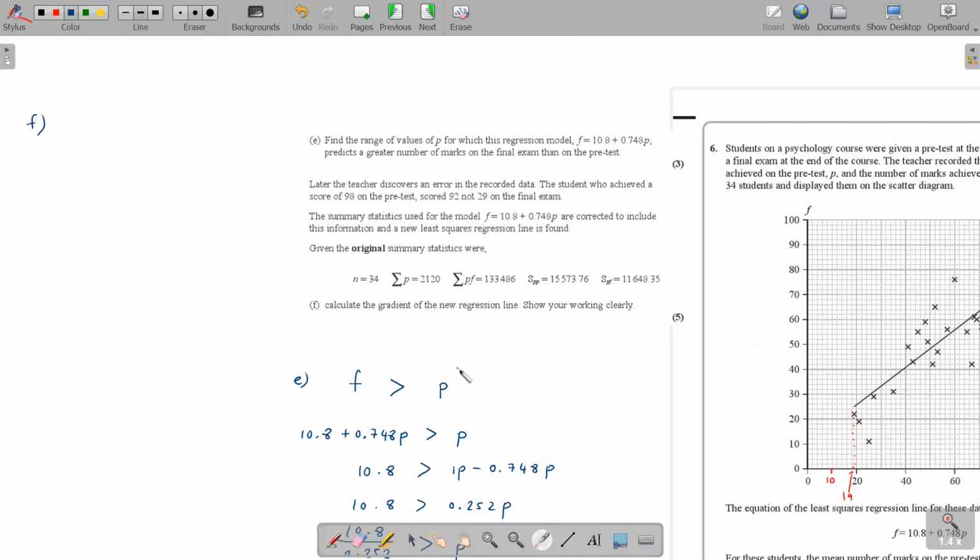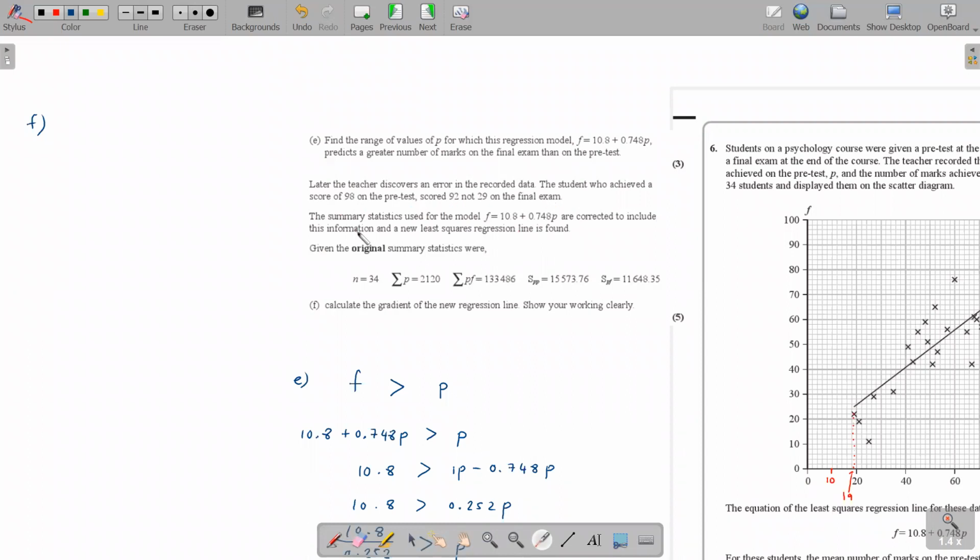Part F. Later, the teacher discovers an error in the recorded data. The student who achieved a score of 98 on the pre-test scored 92, not 29 on the final exam. Okay, they are saying this scatter plot has a small error. So what's the error? The teacher discovers the student who achieved a score of 98 on the pre-test scored 92, not 29 on the final exam.